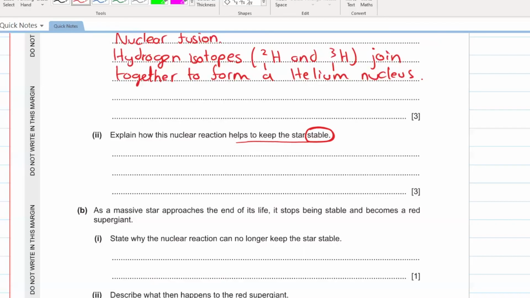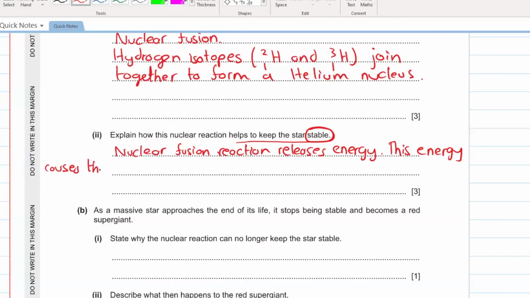How will you write it step by step? See, this is a 3 marker question. Nuclear fusion reaction releases energy. This energy causes the temperature to increase.